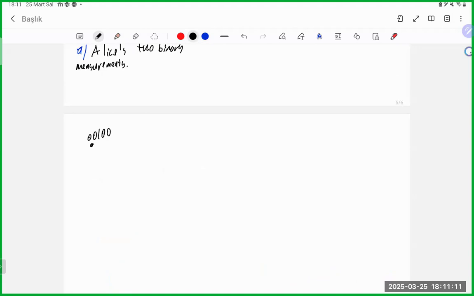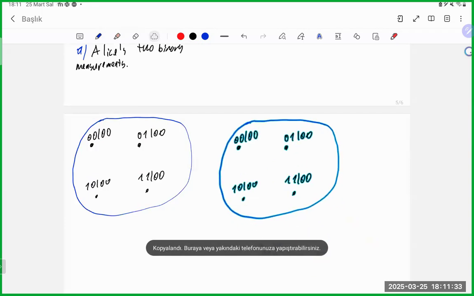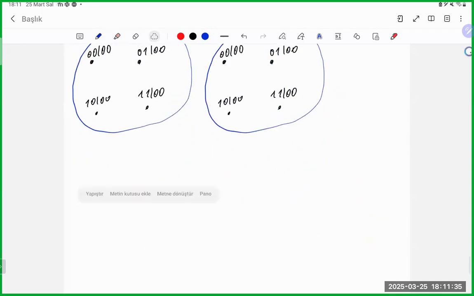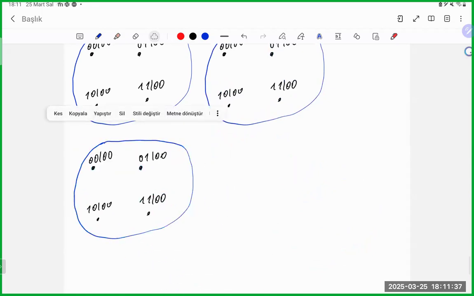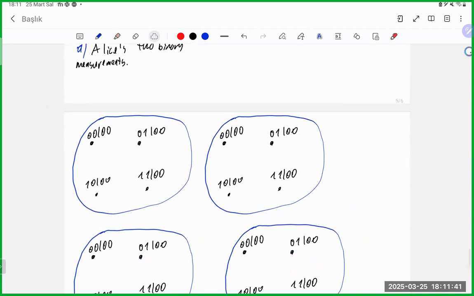So we first take the Cartesian product, and it is an edge. Let me copy this edge 4 times and change the labeling.